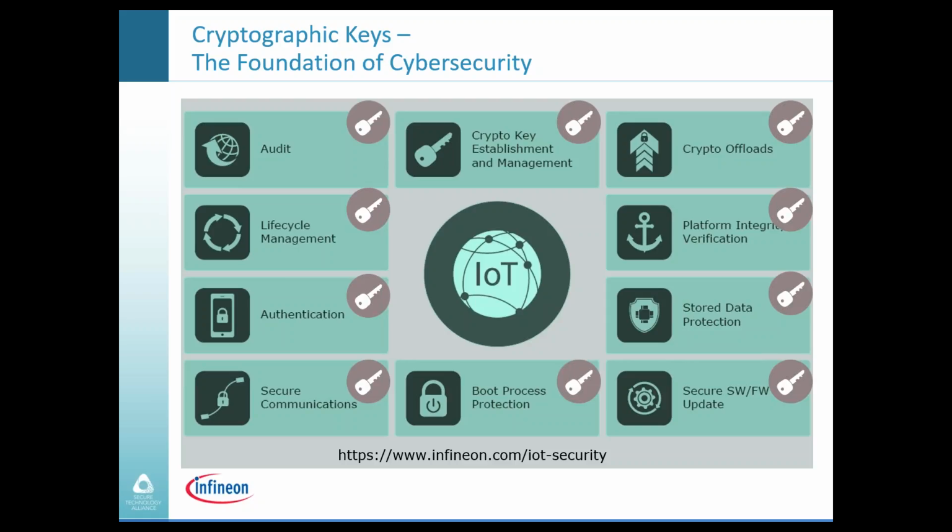All of those, and in fact every protection on this slide, is dependent on cryptographic keys. Those are the bedrock of our IoT security solution, and so they need to be well protected, and for high security or high risk environments, generally protected with hardware root of trust.